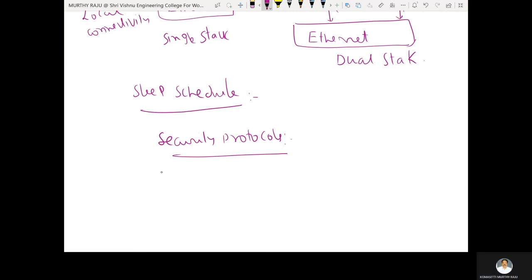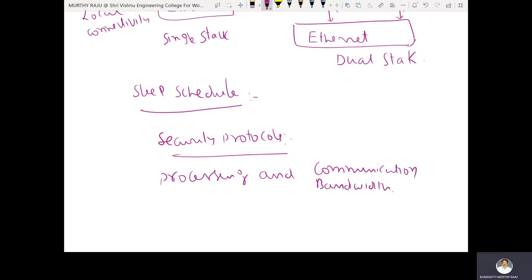Next one, processing and the communication bandwidth. Some devices have more processing capabilities, some devices have less processing capabilities, and also some communication bandwidth. These are some differences.